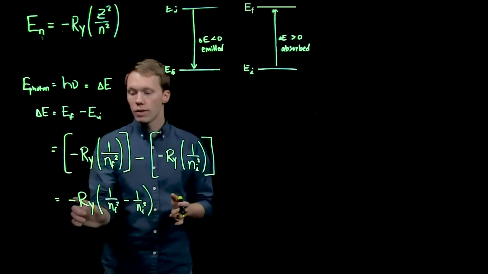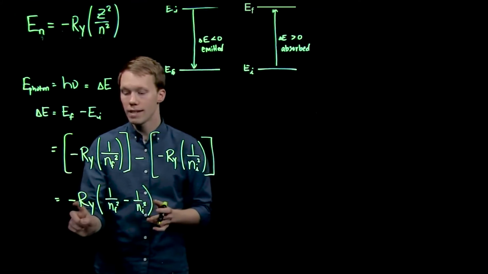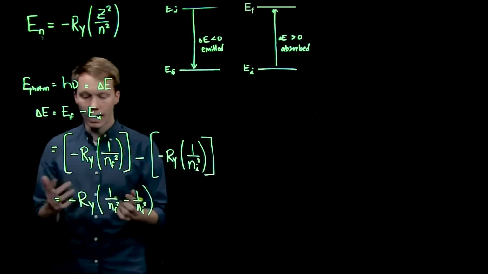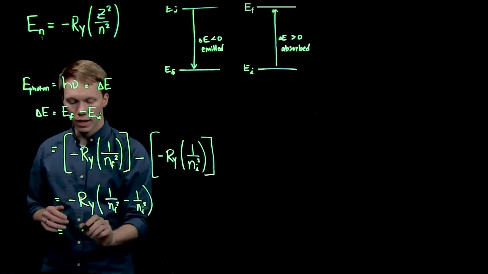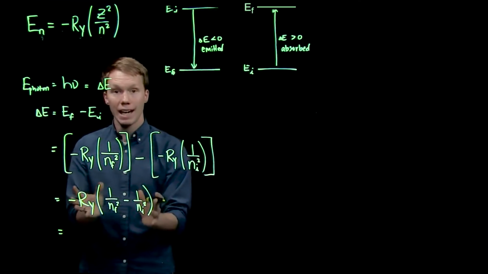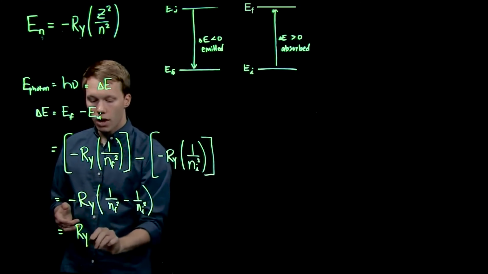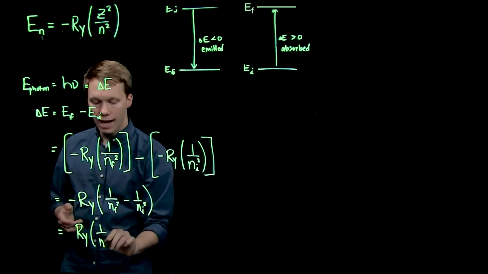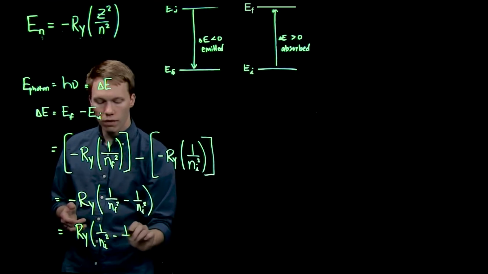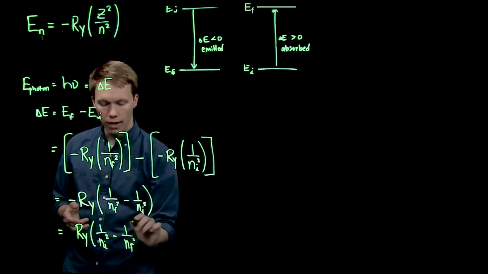And just to get rid of this negative sign, for the sake of making it look nicer, I'm going to multiply the whole thing by a negative and then rearrange so it looks nice. So I'll end up with Ry times 1 over ni squared minus 1 over nf squared.